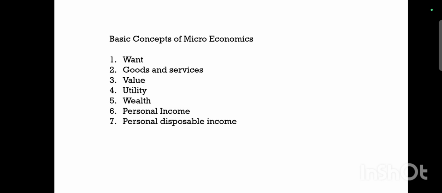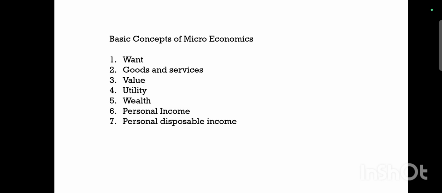Value in exchange refers to the worth of a commodity that is used to exchange. That is, it refers to the worth of a commodity or a service expressed in terms of another commodity. When this value is expressed in terms of money, it is called price of a commodity.